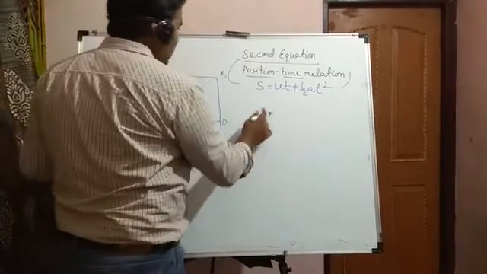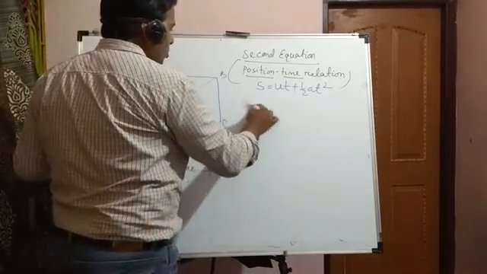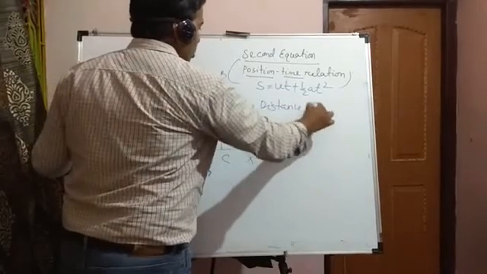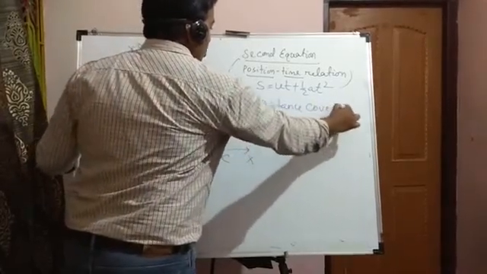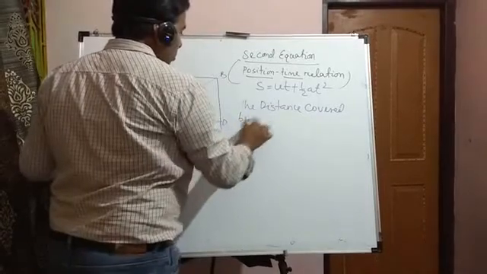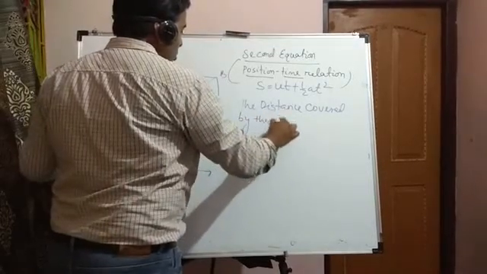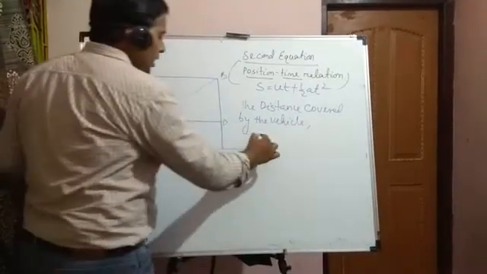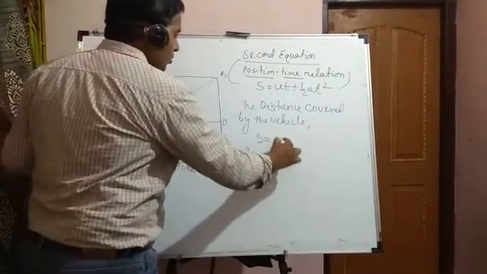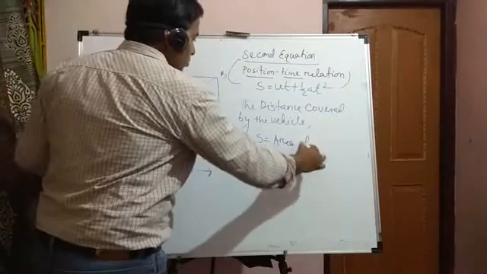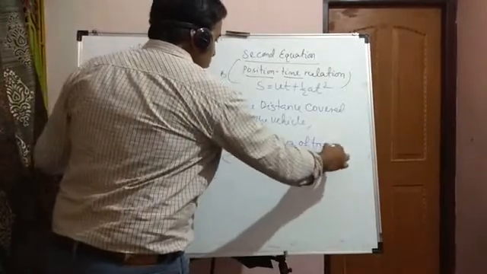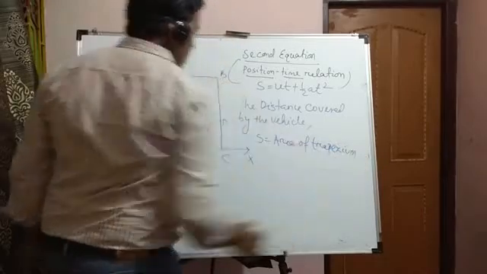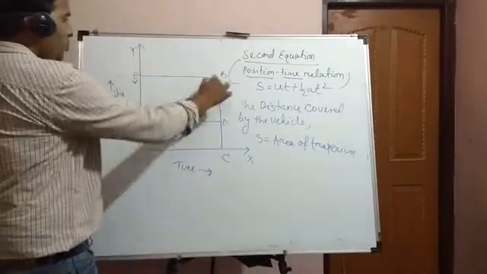We can write the distance covered by the vehicle, S, is equal to the area of trapezium OABC.